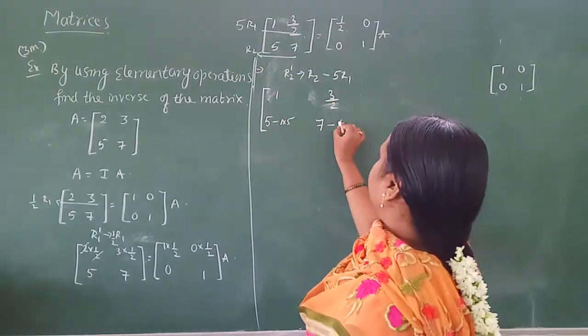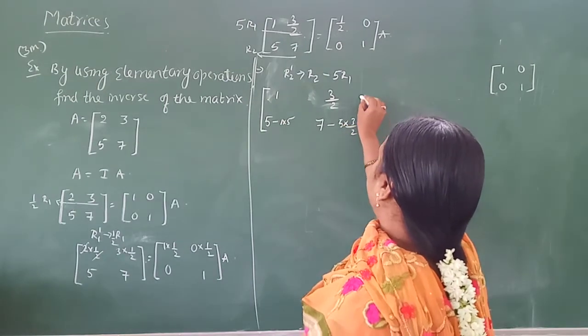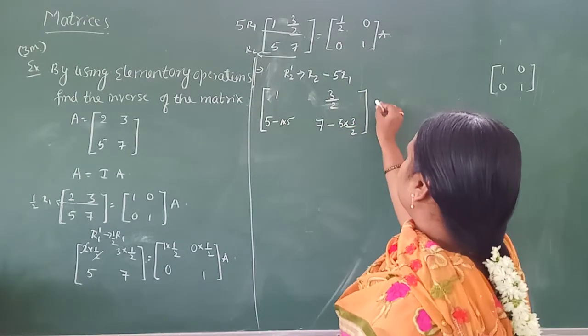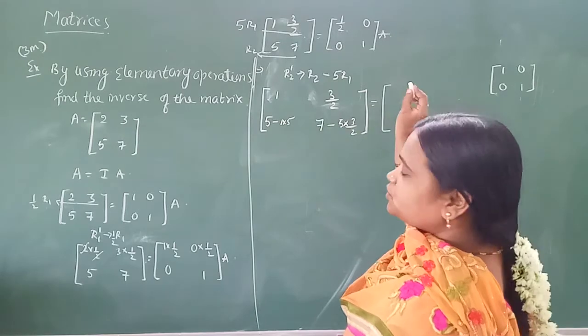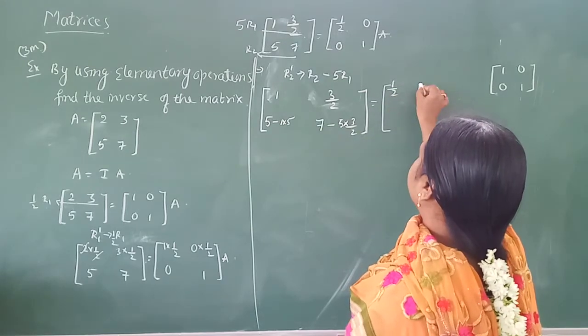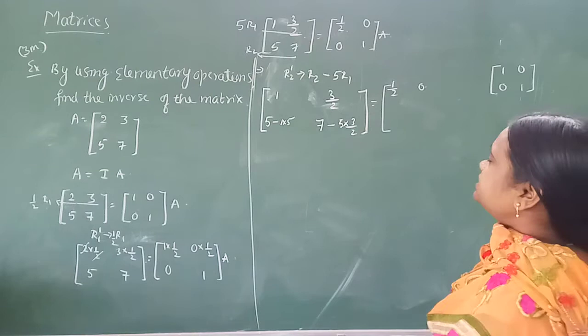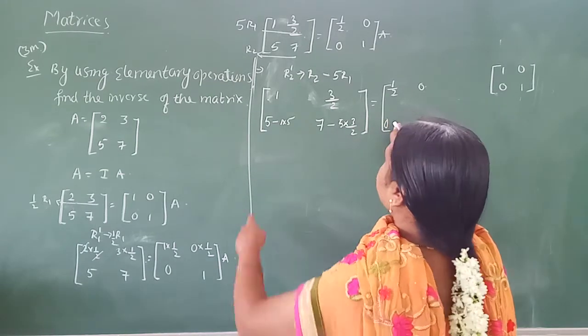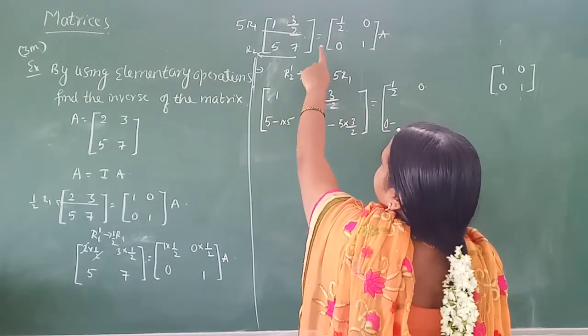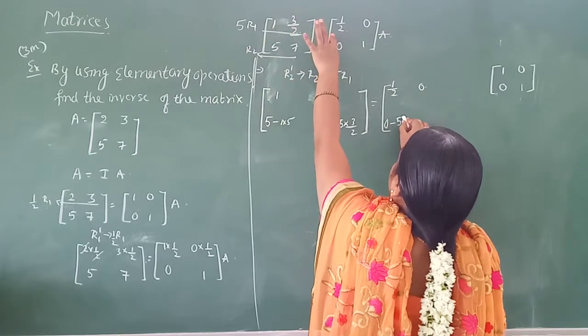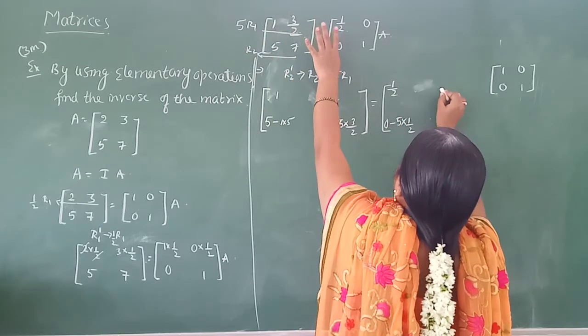On the right side, there is no change in the first row, so I write it as it is. Only the second row changes, with a minus sign in between: 0 minus 5 into half.